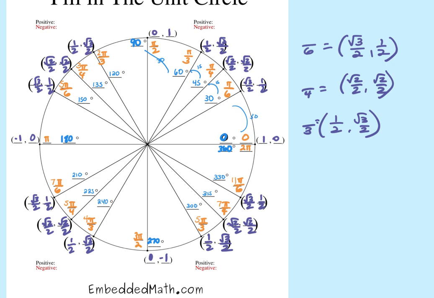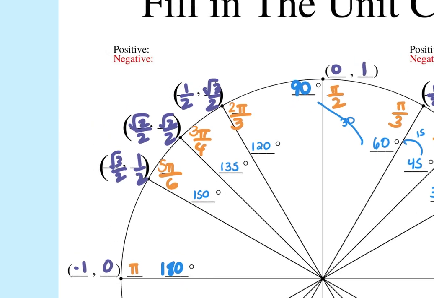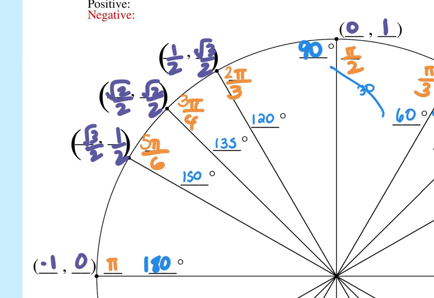Now, what's true about every coordinate in the first quadrant? Sign. They're all positive. So first quadrant, I'm going to leave alone. They would both be positive. In the second quadrant, what's true? X is negative, and the Y is positive.